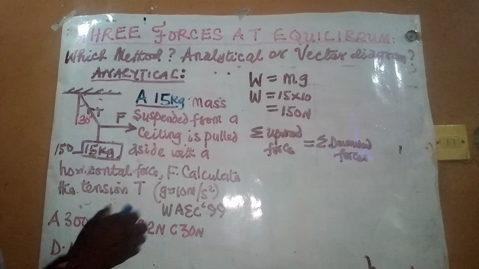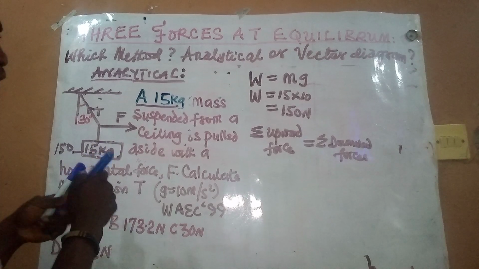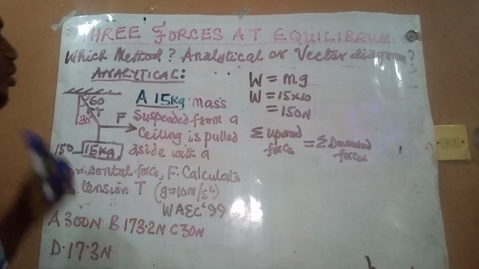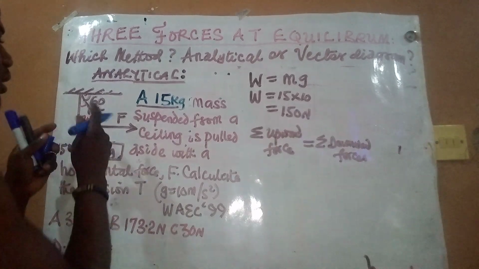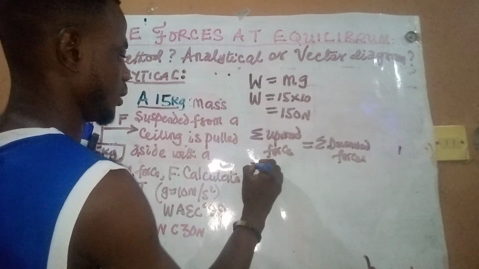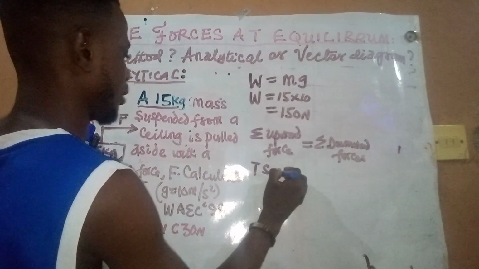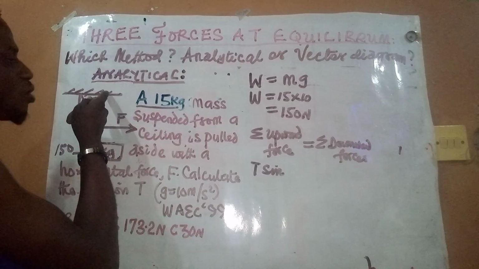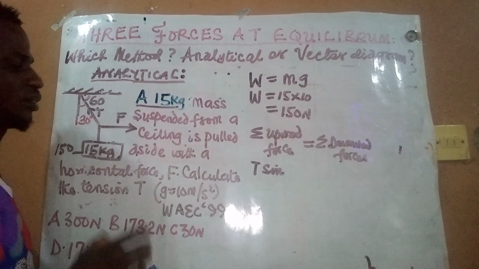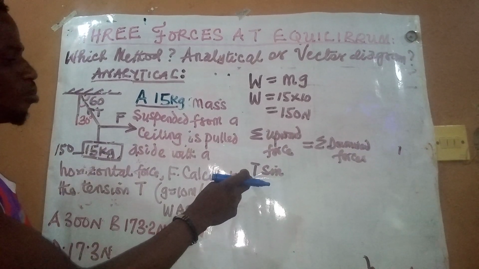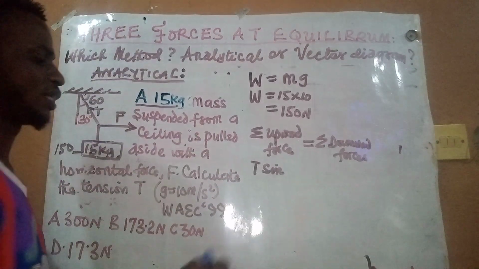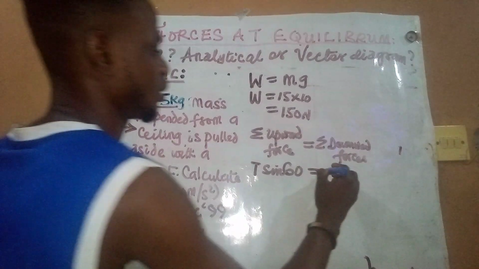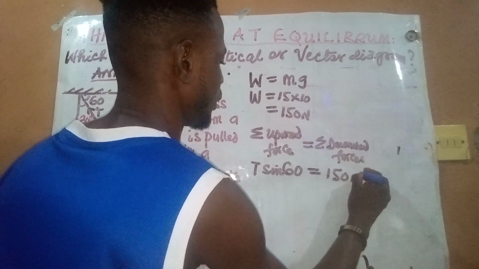So the upward force here, don't forget, this angle will give us 60. That is 90 minus 30 will give us 60. So upward force is given as T sine 60. To resolve the force, make sure you use the angle made with the horizontal, please. Don't forget. So T multiplied by sine 60, because we're resolving vertically, is equal to the downward force, which is 150 Newton.